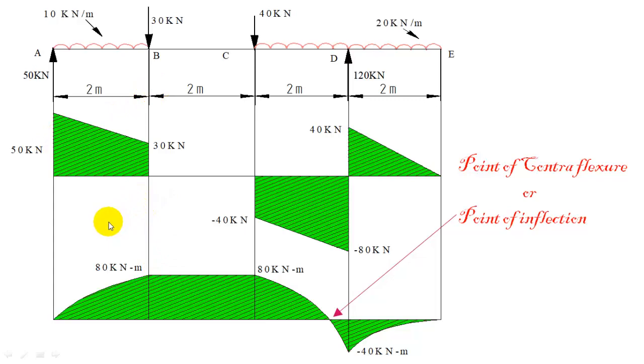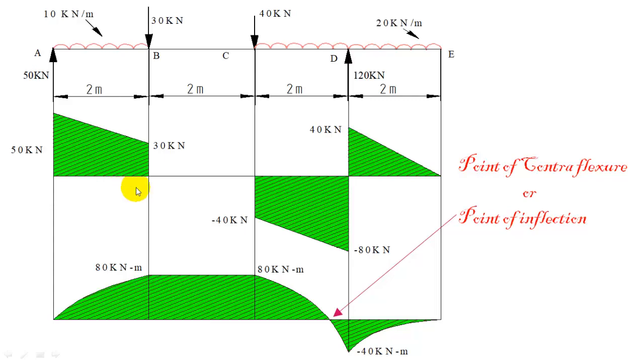Now to draw the bending moment diagram, you have the bending moment at A as 0, at B we have calculated as 80 kilonewton meter. So 0 to 80 and the variation is going to be parabolic. Now while plotting the parabolic variation, there is no peak for the bending moment. So bending moment you should plot without a peak, since there is no change of sign for the shear force.